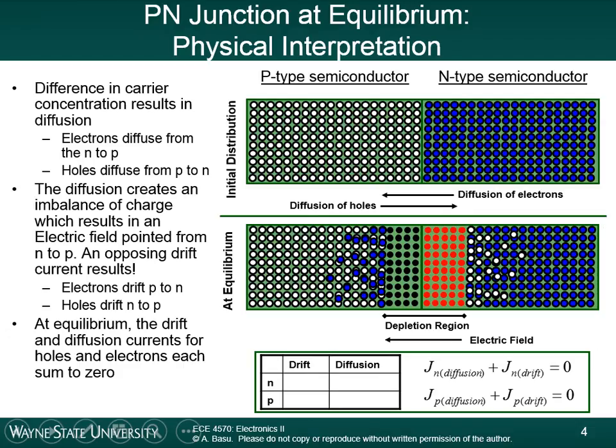Can you imagine that the p-type semiconductor has a lot of holes, very few electrons. The n-type semiconductor has a lot of electrons, very few holes. You put the two materials together, you get diffusion. Diffusion of electrons from right to left, diffusion of holes from left to right. So the diffusion creates an imbalance of charge. Now let's talk about that.